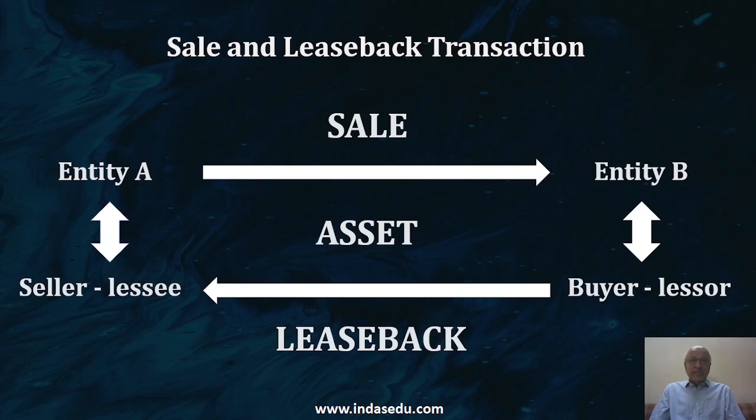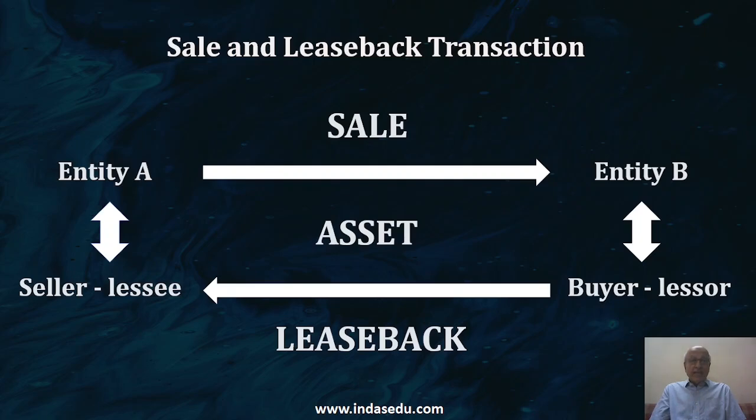So entity A is the seller lessee, entity B is the buyer lessor. That means for entity A, counterparty is entity B, who is the buyer as well as the lessor. And for entity B, counterparty is A, who is the seller and the lessee.